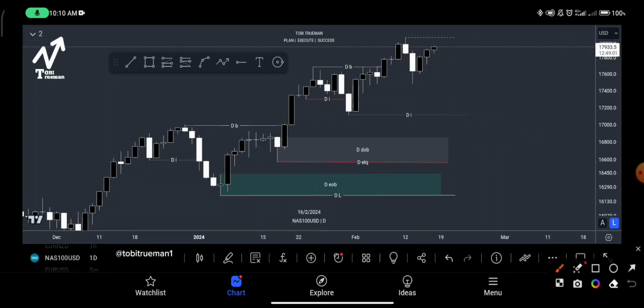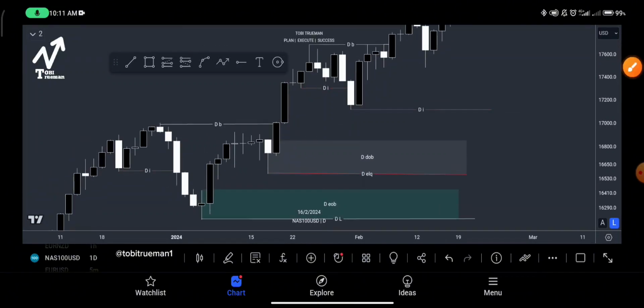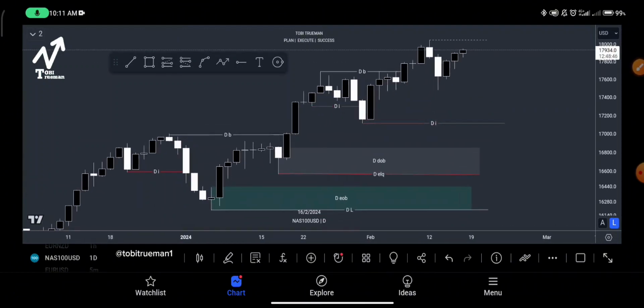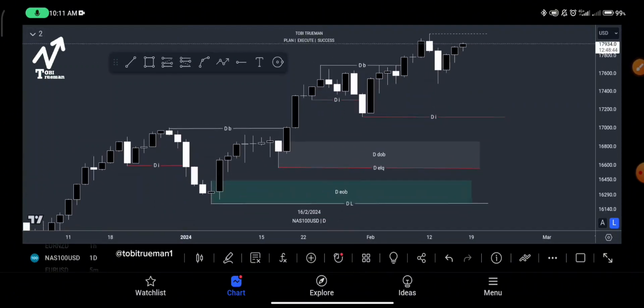So in as much as this price is still here to play out to my satisfaction, I cannot trade this. If I try to force price to do anything here, I'm just going against my strategy, and it's not supposed to be so, because we are trading a rule-based strategy. This is a daily time frame.